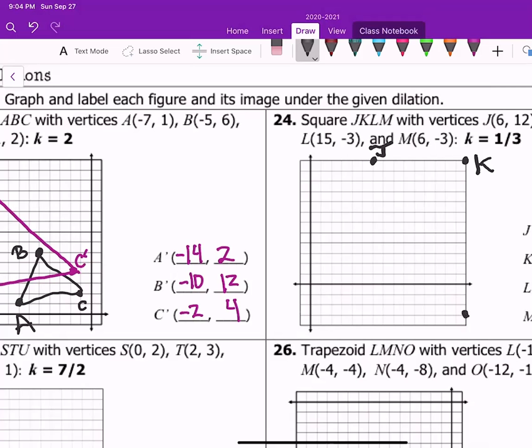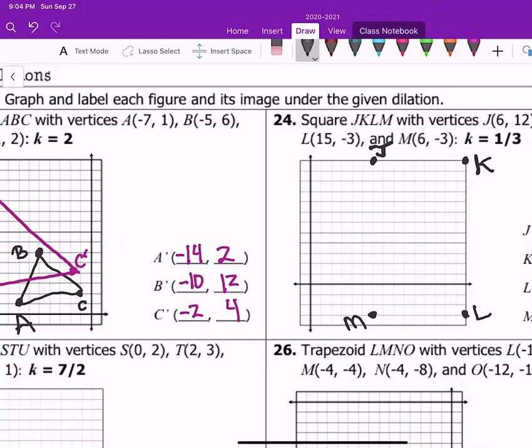This is my L. And then my last one, M, is 6. So 6 should be here. So just like a rectangle, negative 3. So this is M. That's weird. M. All right, and then connect the dots.